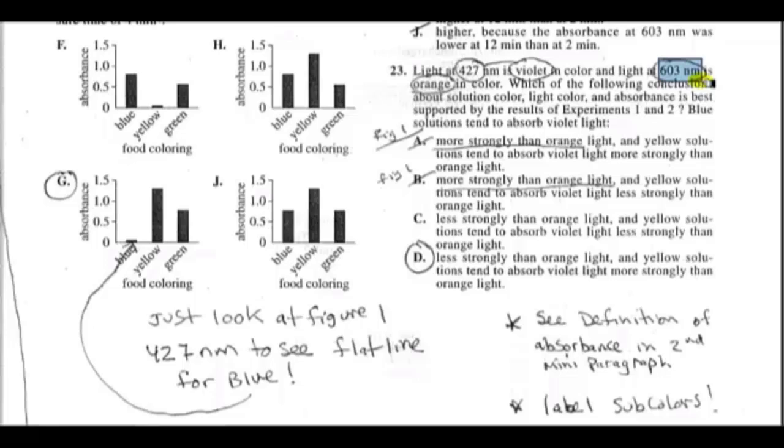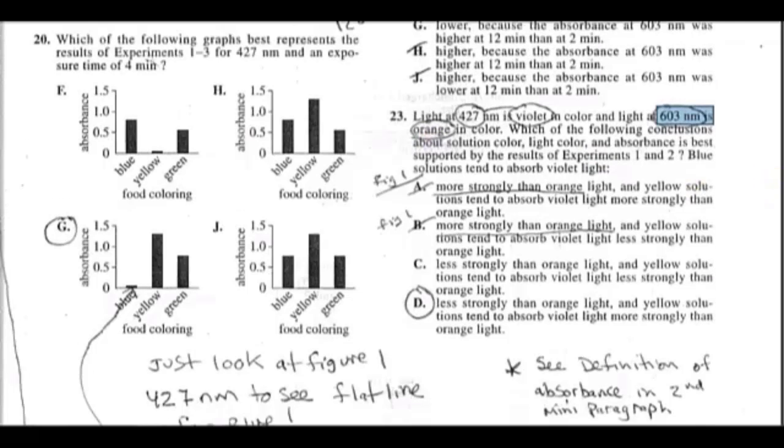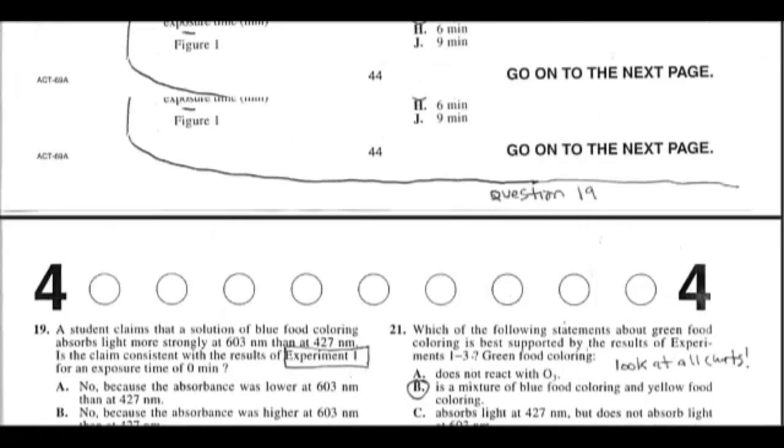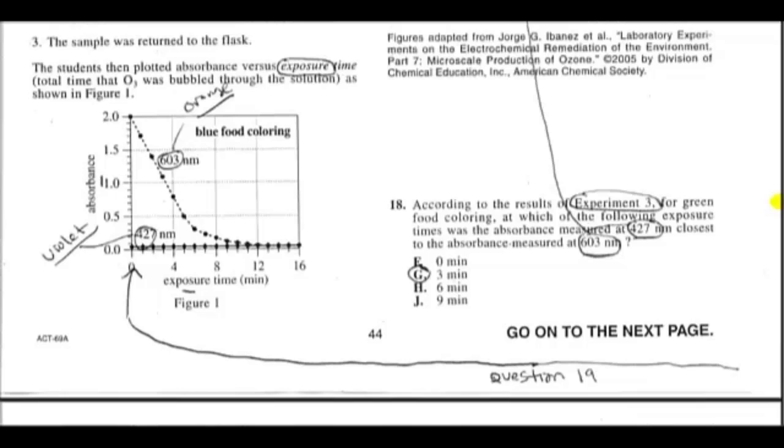But here is the trick. They give us new information that we want to add in. They tell us that 427 nanometers is violet and 603 is orange. So let's go ahead and write that in. The first thing that I did, I went back up here to Experiment 1 in Figure 1, and I found 427 here, and right next to it I wrote violet.